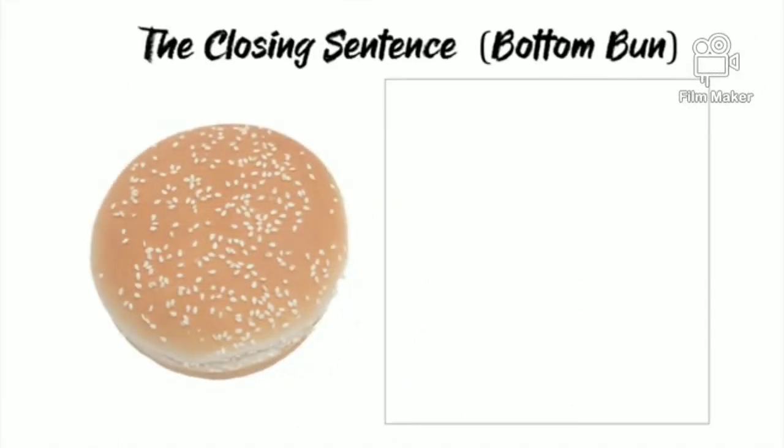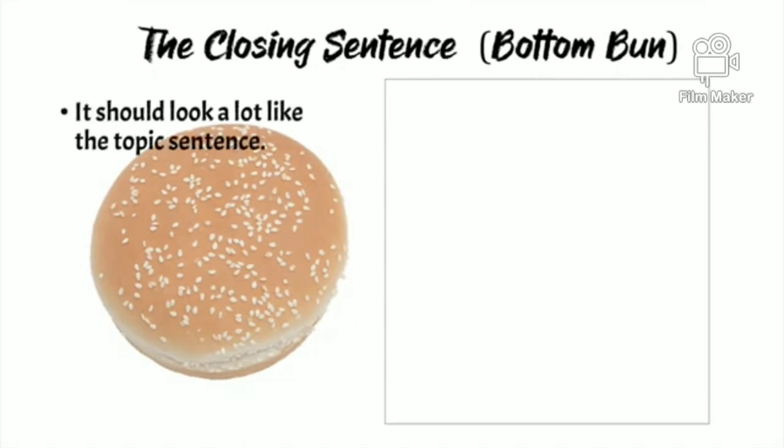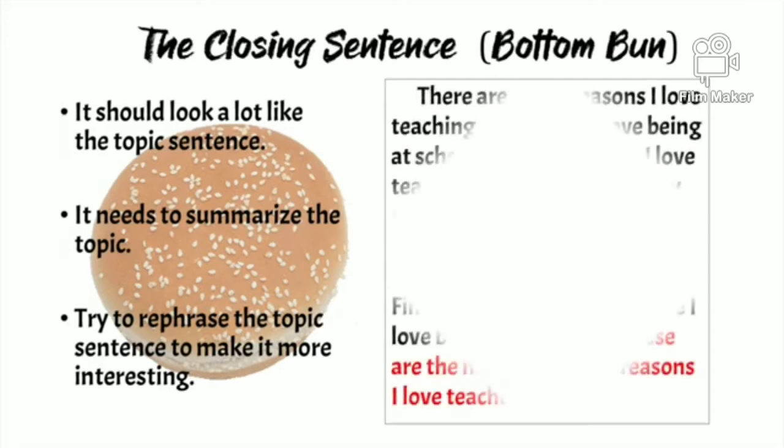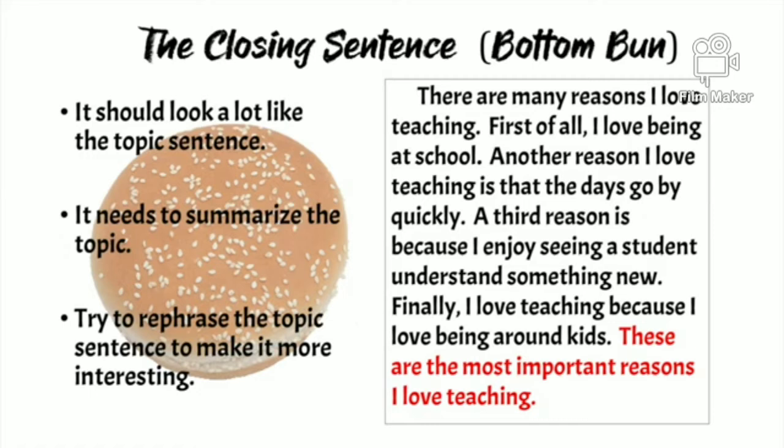And finally, you have the closing sentence. That is your bottom bun. So it should look a lot like the topic sentence. It needs to summarize the topic, and we need to try to rephrase the topic sentence to make it more interesting. Like in this example.